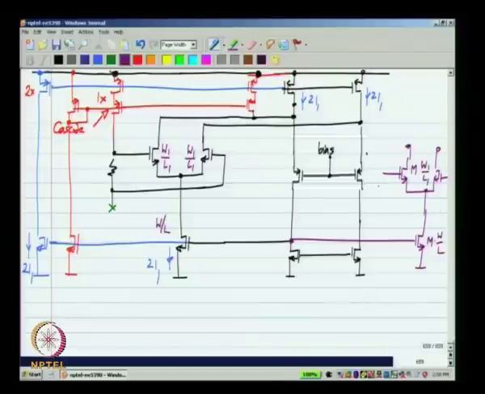Then the GM of this would be equal to M times 1 over R. Okay. And this differential pair will be operating with some VCM.